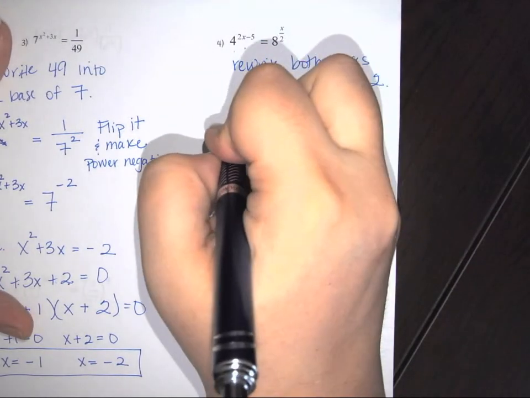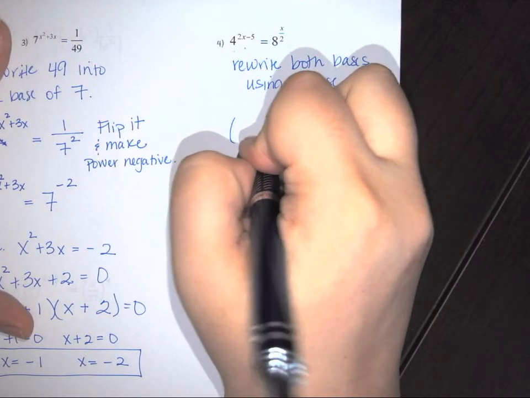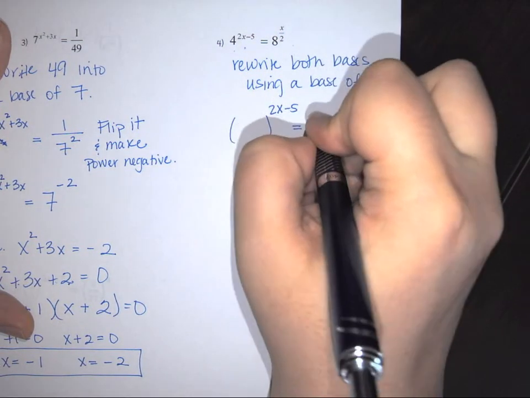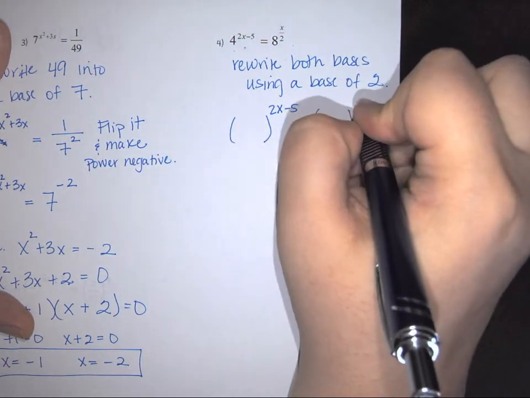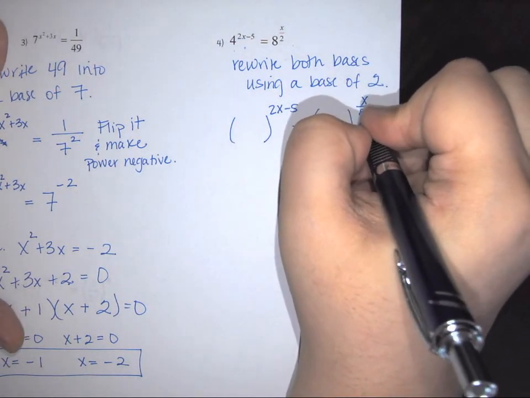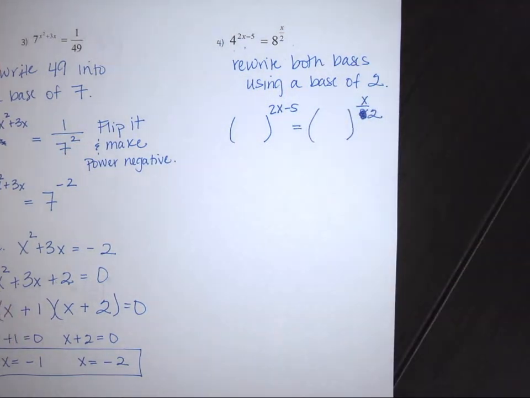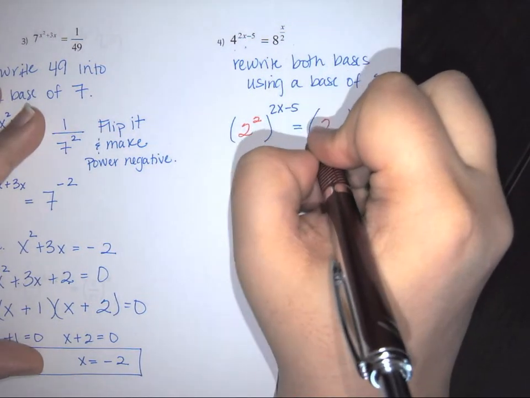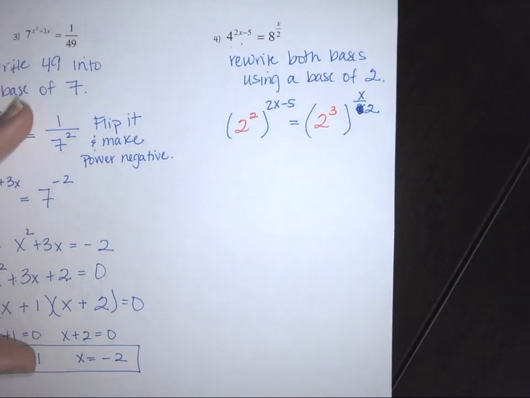And so here I'm going to have a new base raised to the 2x minus 5 is going to equal a new base raised to the x over 2. And what is that new base? Well, this one's going to be 2 squared, and 8 is the same as 2 cubed.